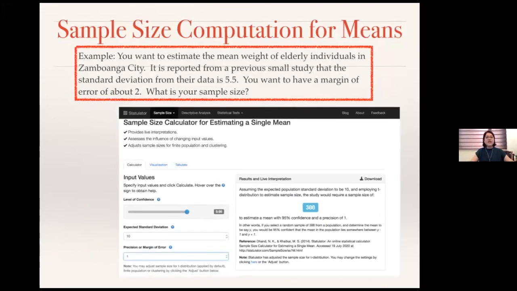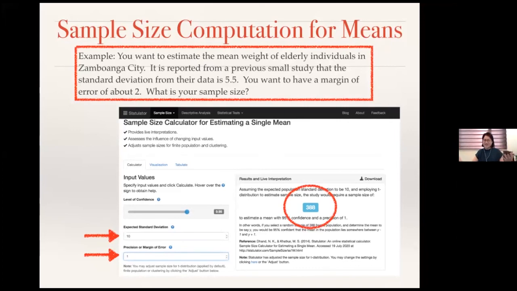Now, if let's say I want to be super accurate, so my margin of error, I will put to 1. So standard deviation is still 10, but I want to be as accurate as possible. So my margin of error is 1. Then look at the sample size. I'm supposed to get 388. Bigger.